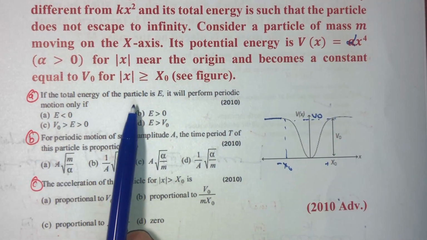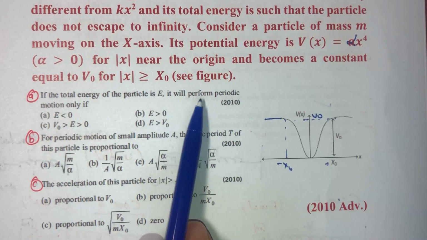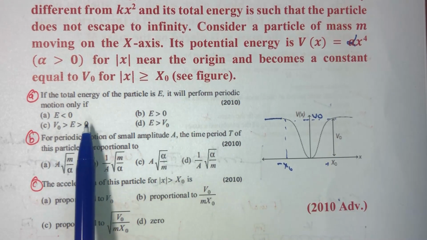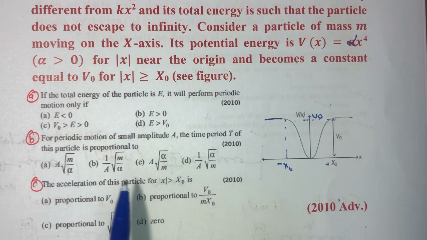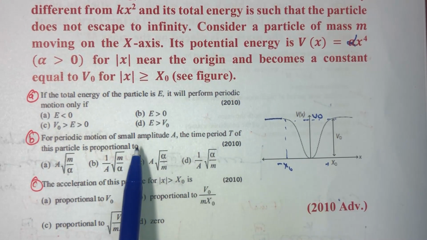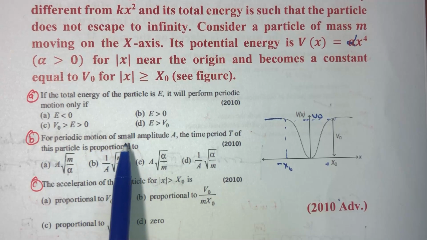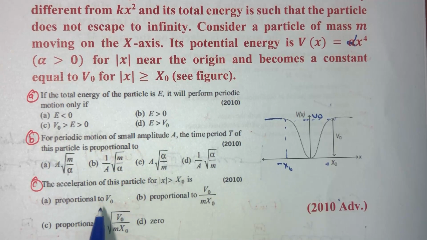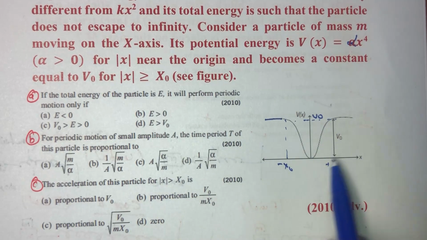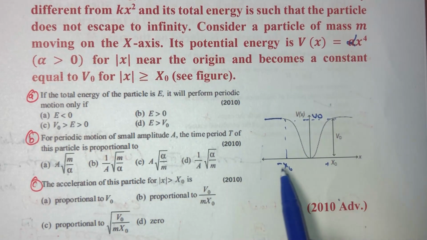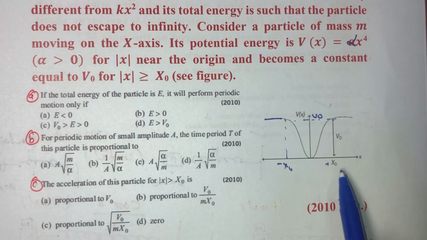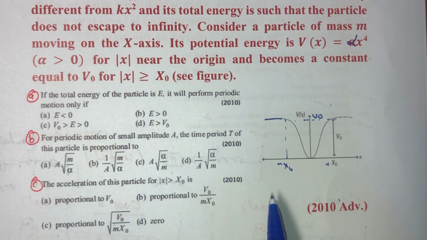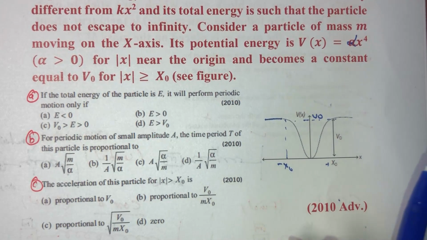We have to find out these three things. First, if the total energy of the particle is E, then it will perform a periodic motion, so we have to find out the range of E. In the second part, we have to find the time period of the periodic motion of small amplitude A, and in the last part we have to find the acceleration of the particle when x is greater than x₀, that is for displacements away from minus x₀ and plus x₀.